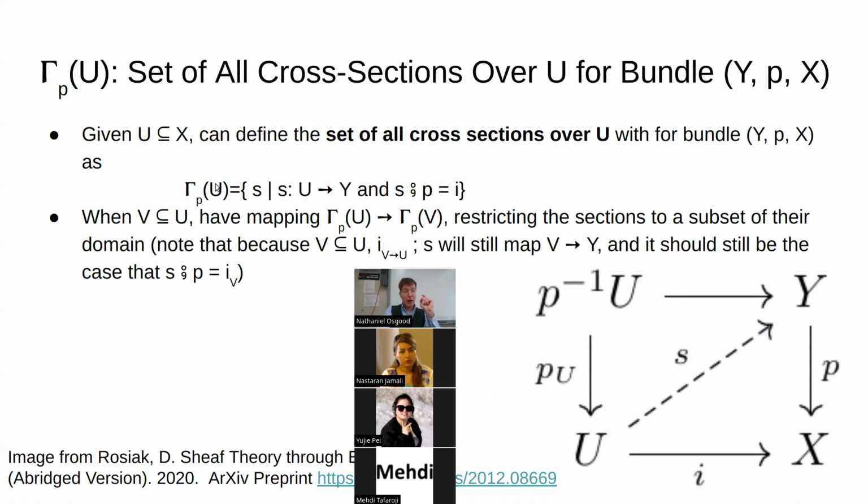We've talked about how, whether it's for topological spaces here, with X, Y, and P, where P is a continuous map from topological space Y to topological space X, or whether it's for sets, we have this feature that there's a set of cross sections over it, right?